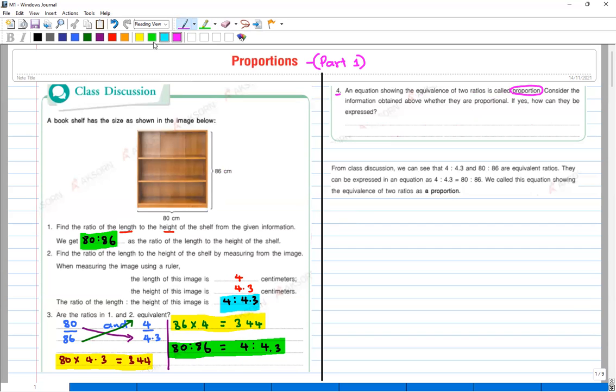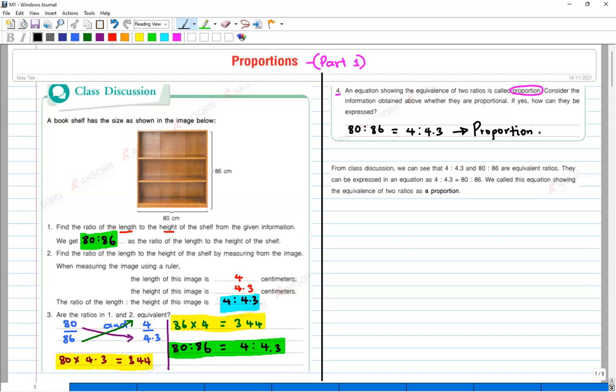So it means that if we say that 80 to 86 is equivalent to 4 to 4.3, then this kind of equation, it is what we call proportion. I hope you understand that.